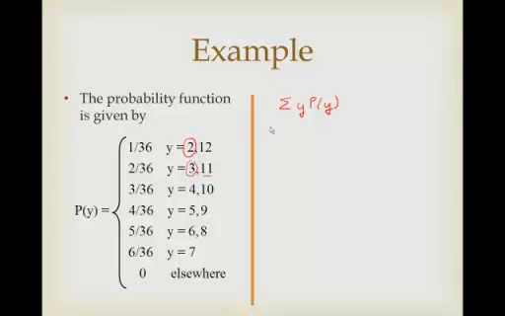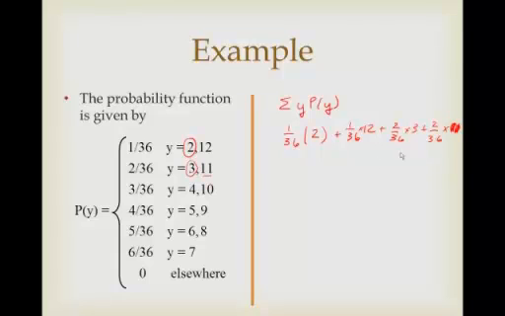So it's going to be 1 out of 36 times 2, plus 1 out of 36 times 12, plus 2 out of 36 times 3, plus 2 out of 36 times 11. And so you get the whole idea.